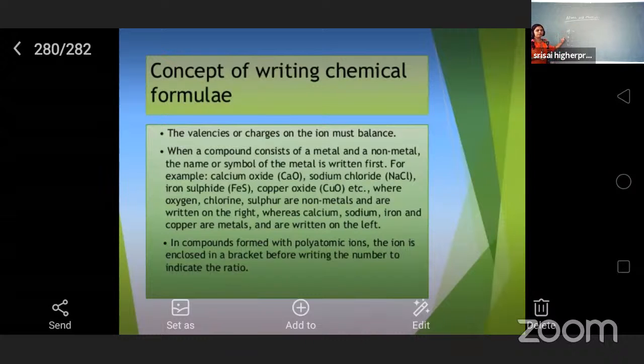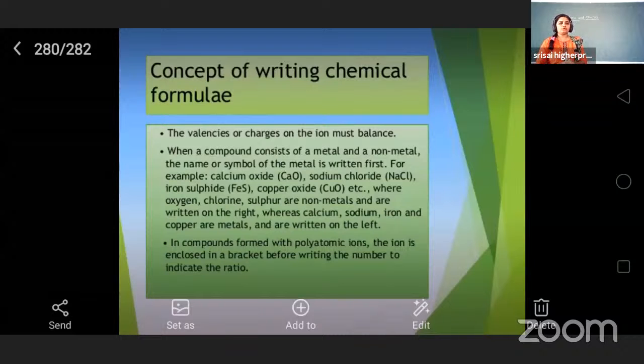By the atomic number, we find the valency number. Hydrogen's valency number is 1.